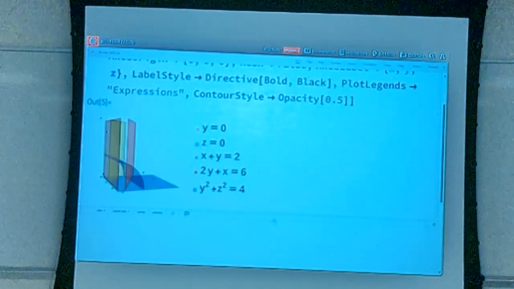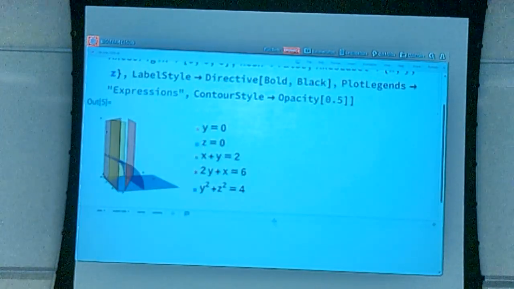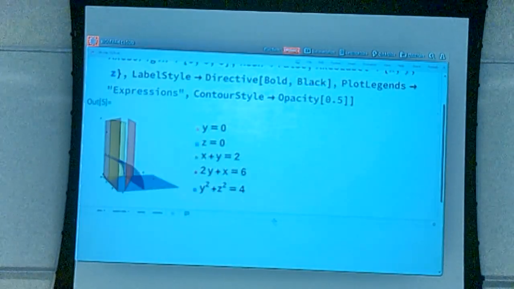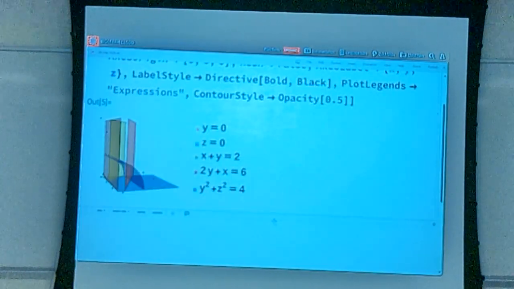Z goes from 0 up to the cylinder, right? We can't see that.